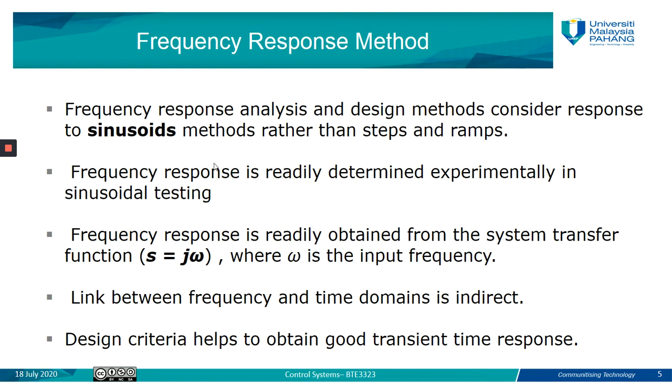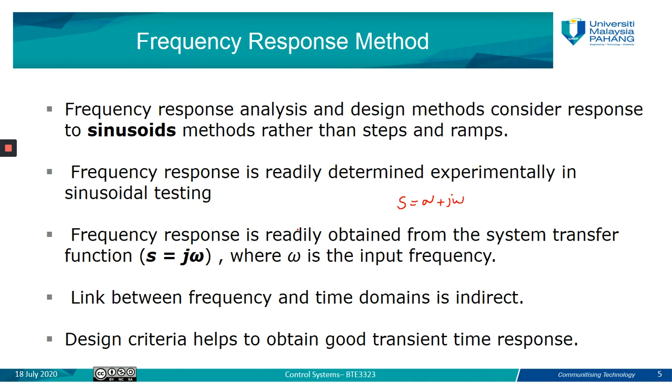So when we talk about frequency, we are going to focus more on the value of j omega. We know that s, the Laplace operator, we use it to represent the values of the poles and the values of the zeros. We said it consists of two parts, which is sigma plus j omega.